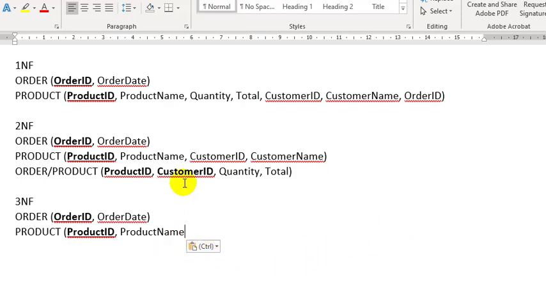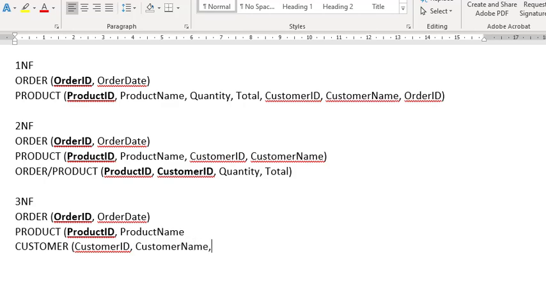Don't close first. And then you're going to have a new relation, which is customer, with the customer ID and customer name.